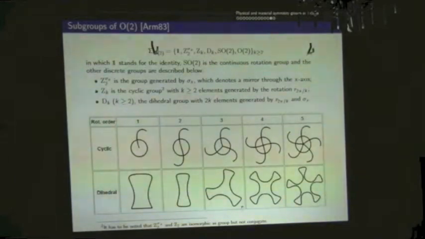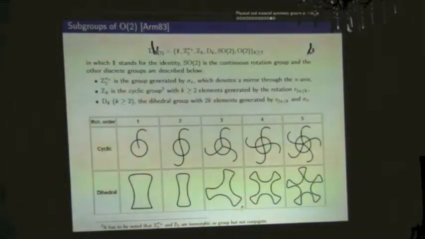No mirror at the moment, just rotation. Z3 is the group generated by the 2π over 3 rotation, and if I compose 2π over 3 three times, I will obtain the identity. So in a cyclic group, it's just rotations, and you get k different elements. In Z3 you get 3 elements, in Z4 you get 4 elements, and so on.